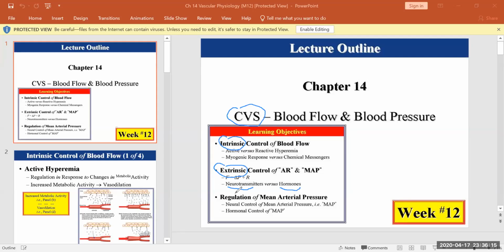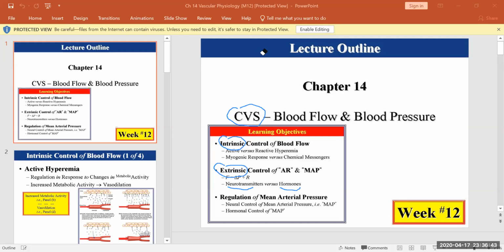Again, I'm not going to tell you right off the bat what this MAP does, but toward the end of the lecture, if you can appreciate it, it would be great. So this MAP is highly, highly regulated by the nervous system and by the endocrine system. So those are the three main learning objectives for the lecture on chapter 14.